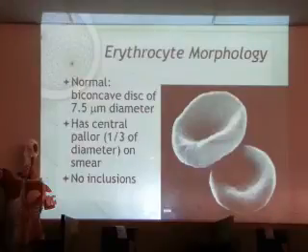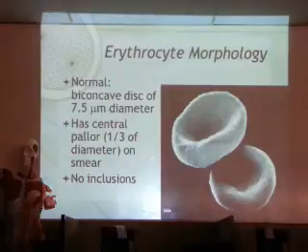Okay, now comes the fun part, the red blood cells. They come from the same stem cell as white cells and platelets, but just before it's ready to be released into circulation, the maturing red cell loses its nucleus in the bone marrow.